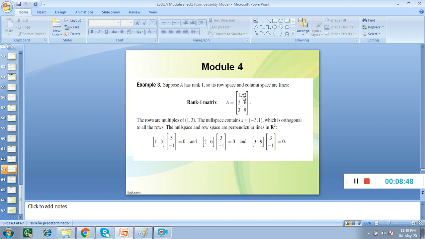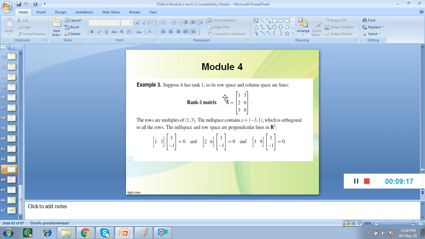The second row is the multiple of the first row by 2, and the third row is the multiple of the first one by 3. Means when we multiply this one by 3, we'll get this third row. Then what is the rank of this? The rank has to be 1, because when we go for the elimination and obtain the reduced matrix, we can make these all zeros. Only one row exists.